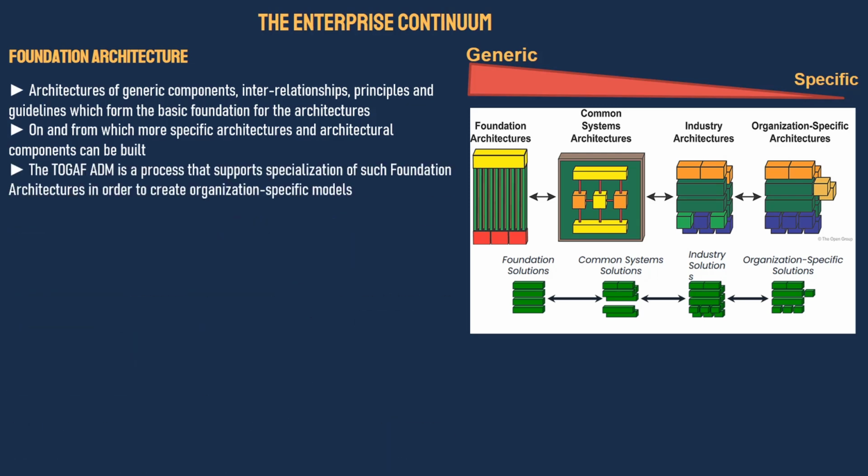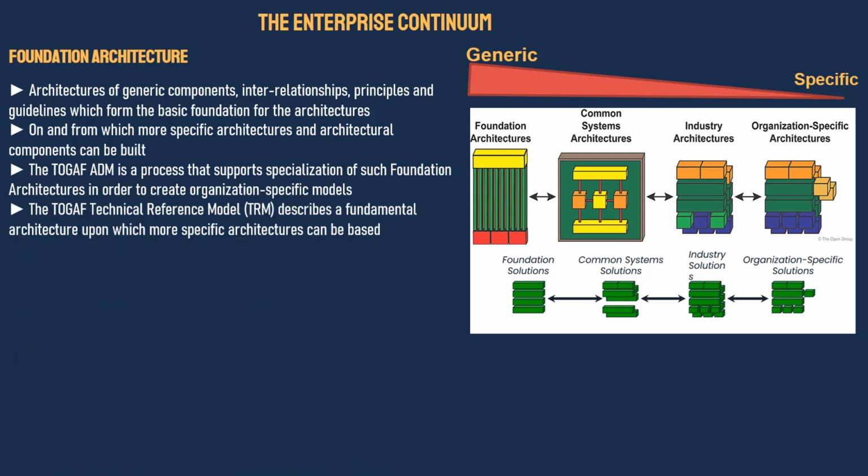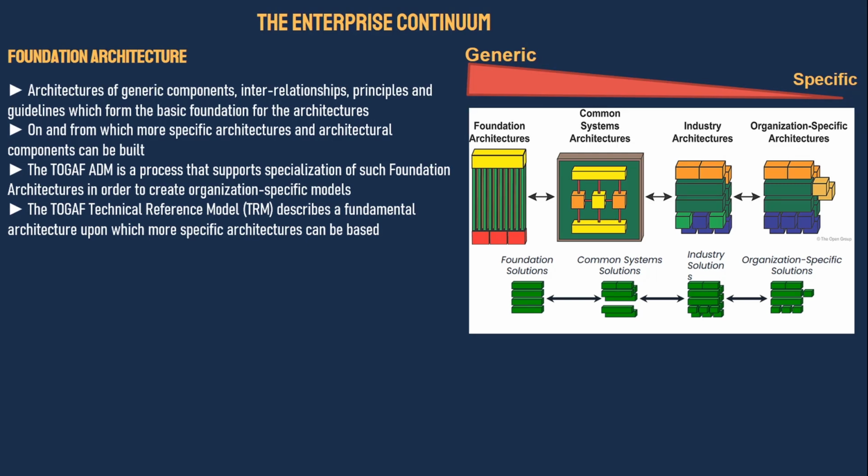The TOGAF ADM is a process that supports specialization of such foundation architectures in order to create organization-specific models. The TOGAF Technical Reference Model describes a fundamental architecture upon which more specific architectures can be based.